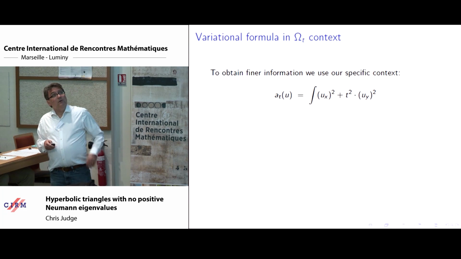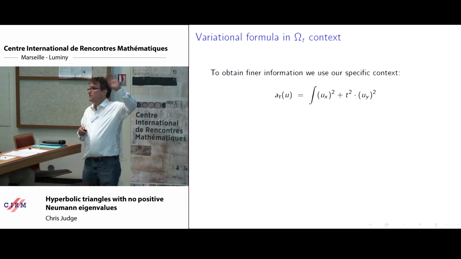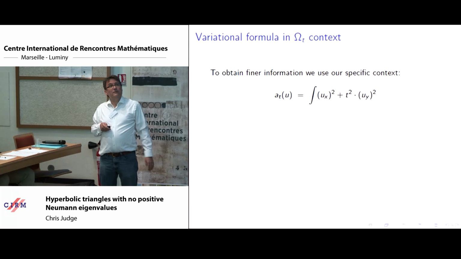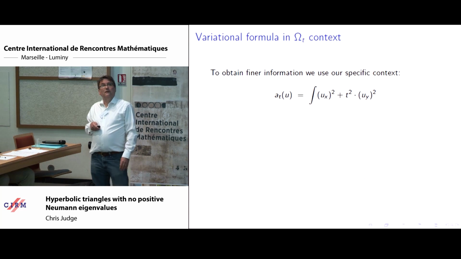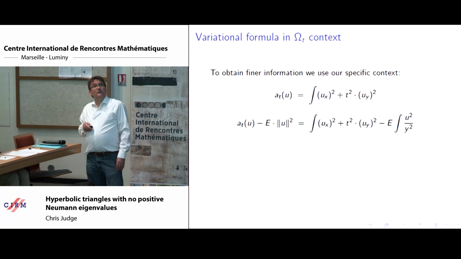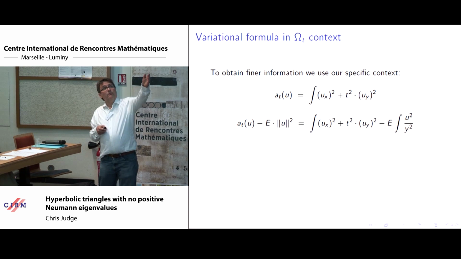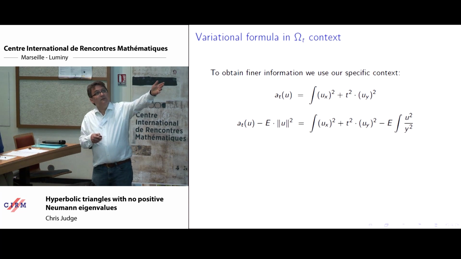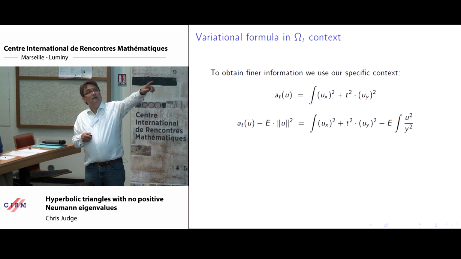Okay, so most of that was all very general. Now we have to use some pretty specific information about what A looks like. So A, remember A, this is the definition of A. And now I'm just going to subtract off E times the norm squared of u, but remember the norm squared of u involves this y squared.